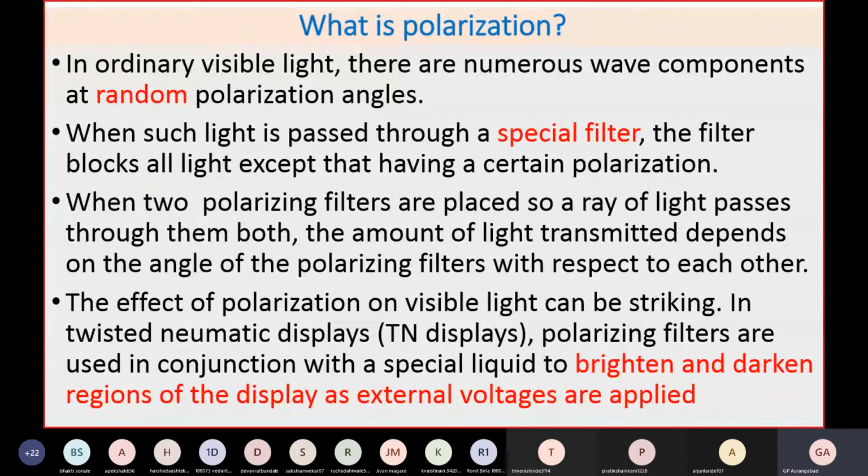When two polarizing filters are placed, a ray of light may pass through both of them, and the amount of light transmitted depends upon the angle of the polarizing filters with respect to each other.